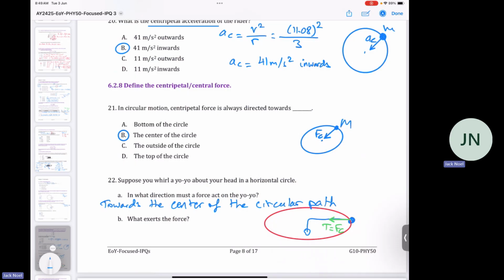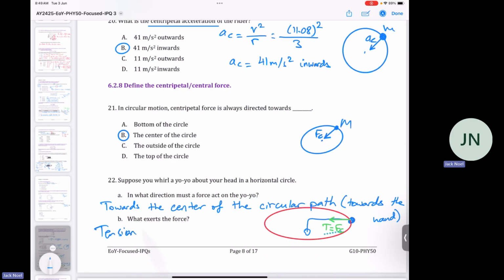In this case, it's towards your hand, by the way. So towards the hand, in this case. All right. What exerts the force? It's a tension in the string. So tension force in the string.